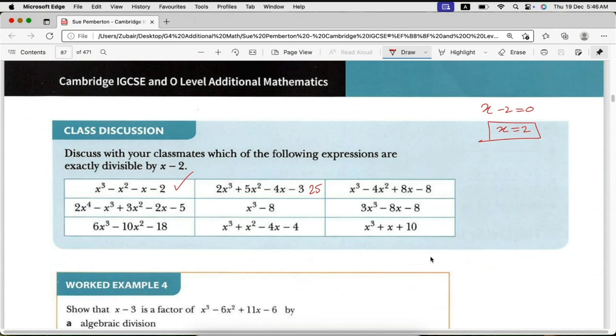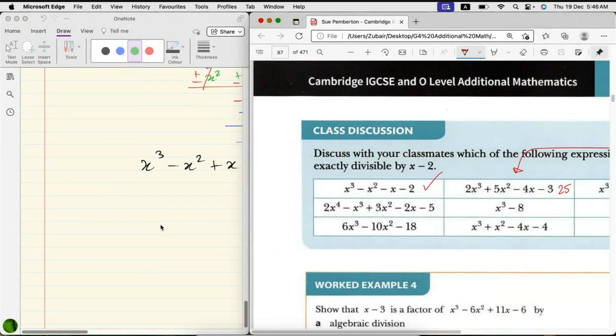Please confirm. We just have to substitute x equals 2. Yes, 25.